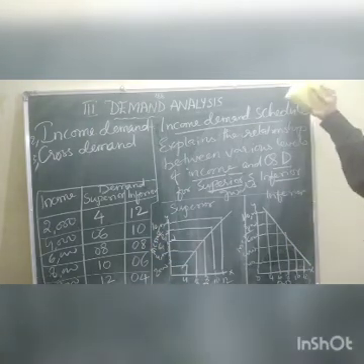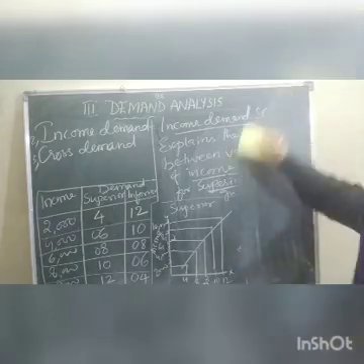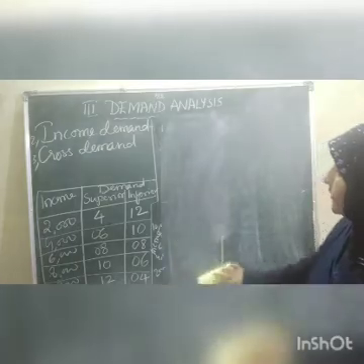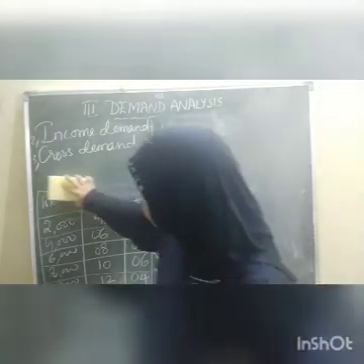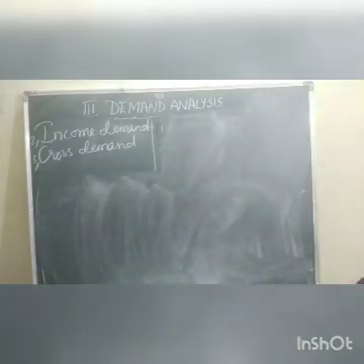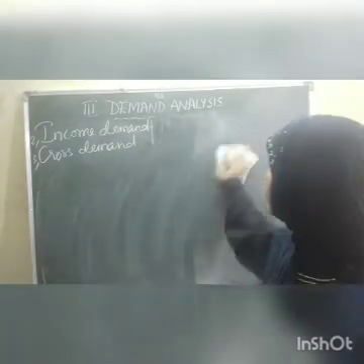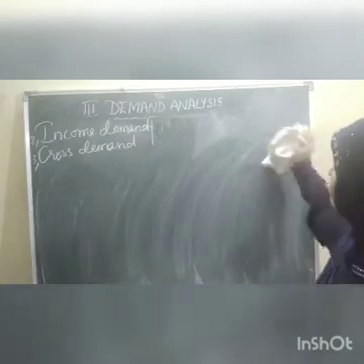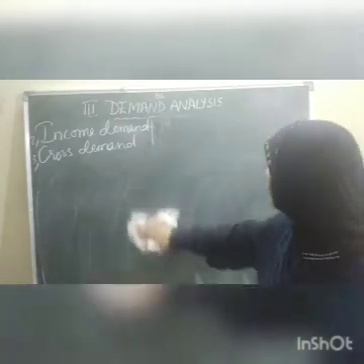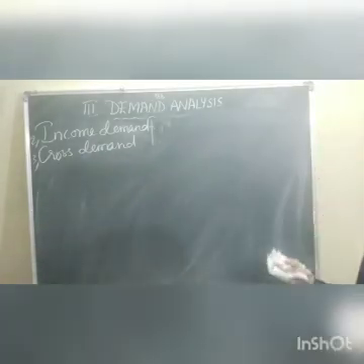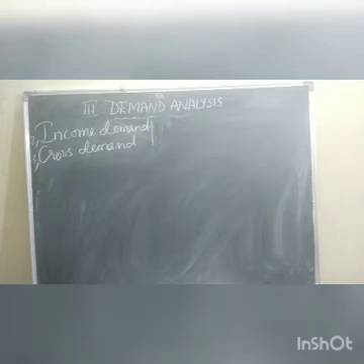After the income demand schedule, we have the next one, that is cross demand. What is cross demand, children?